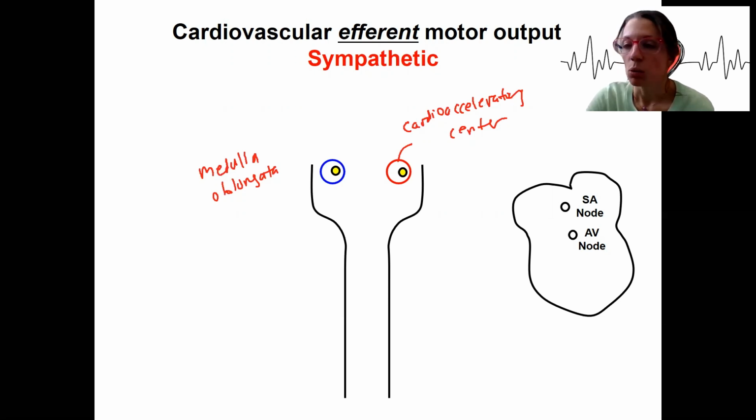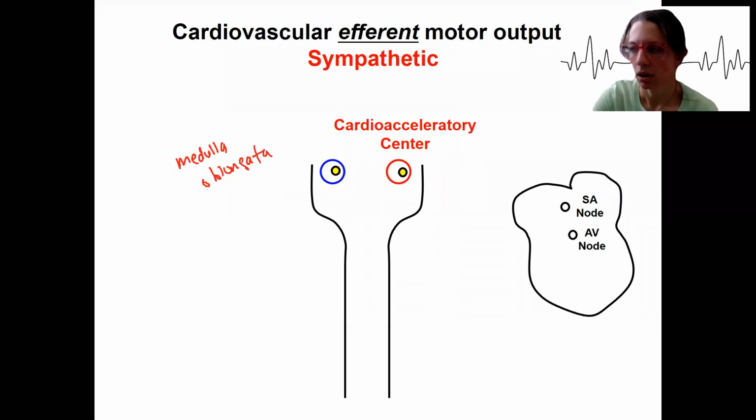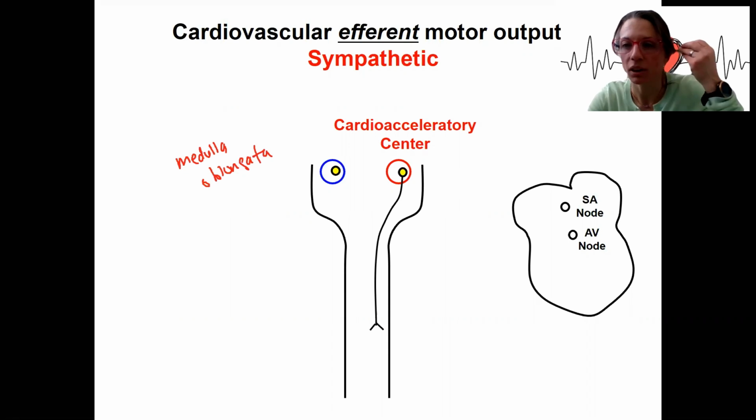Okay, that is going to innervate our nodes as well. These are sympathetic fibers in this case. So these fibers are going to go down the spinal cord. As you know, for the sympathetic nervous system, they go down to the spinal cord, where it's then going to travel out into the periphery.